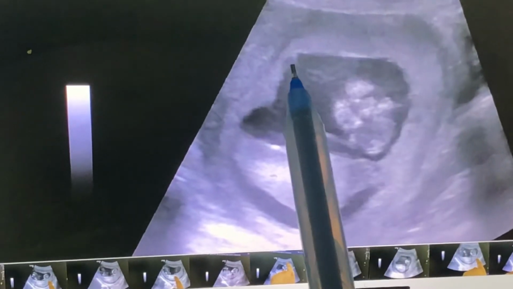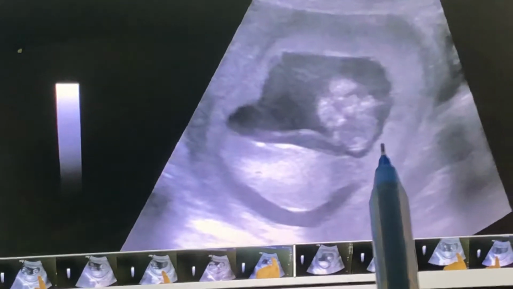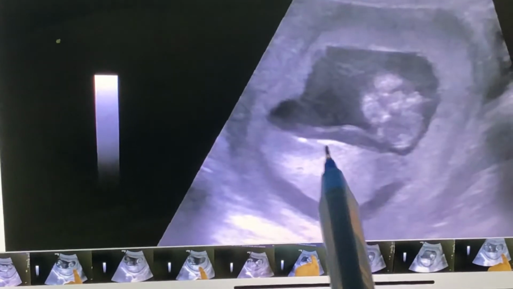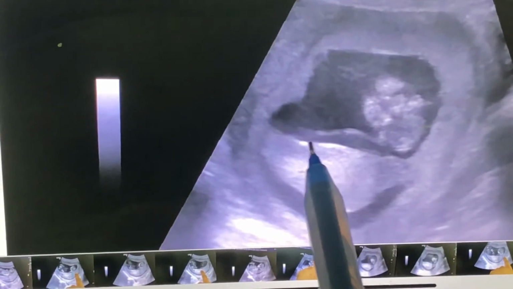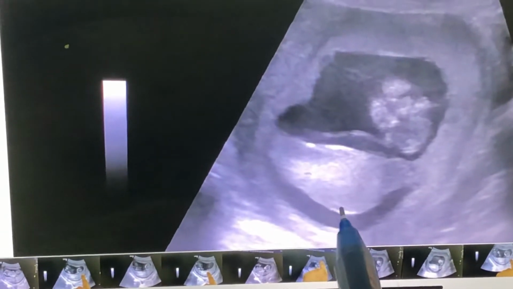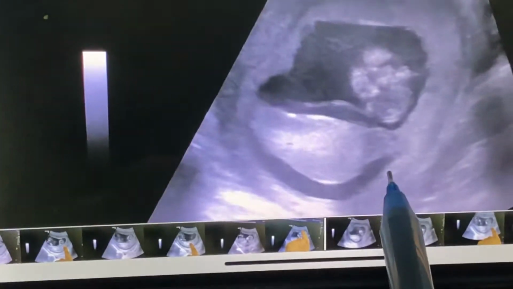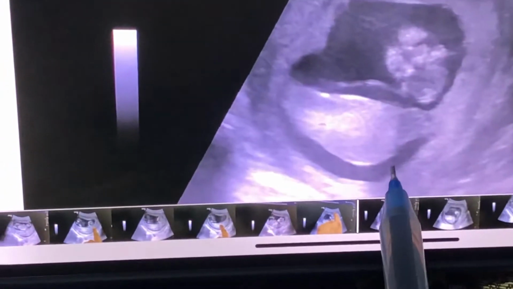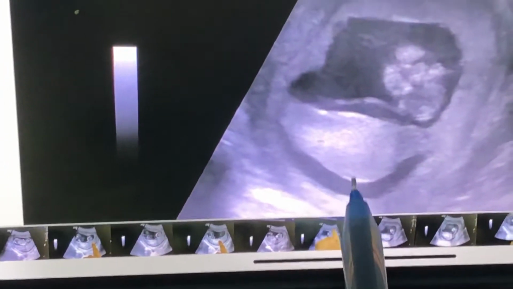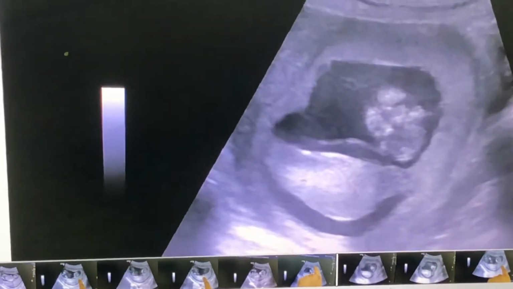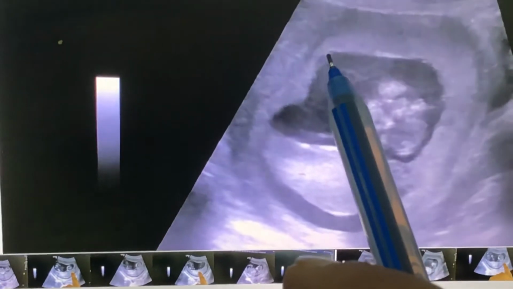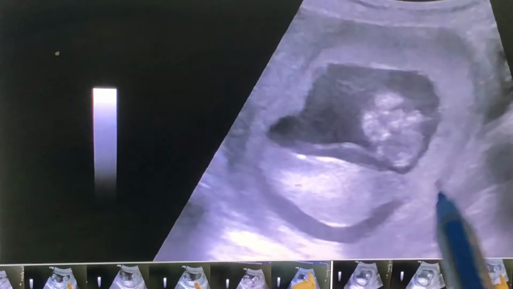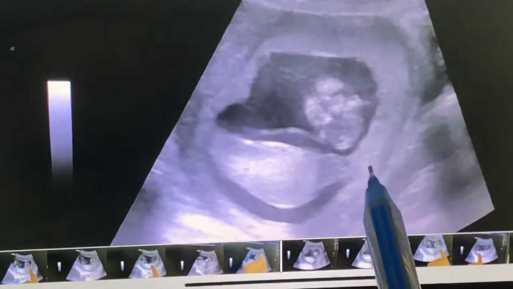This is the placenta, and this is the bleed which is present between the amniotic membrane and the chorionic membrane. This is the subchorionic space, and this is the placenta, which is starting from here and ending here. It is anterior placenta.